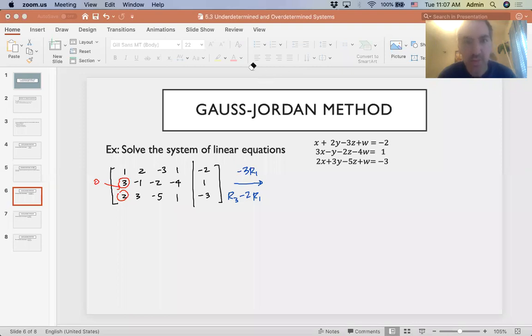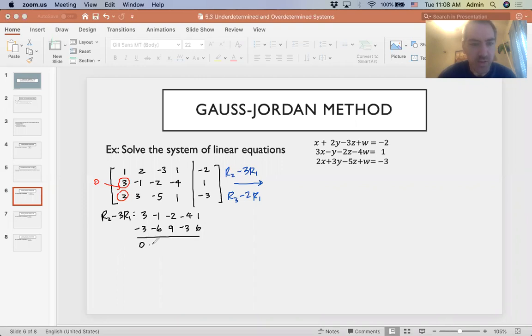I'll change that to an R2: row 2 minus 3 times row 1. -3 times row 1 is -3, -6, 9, -3, and 6.